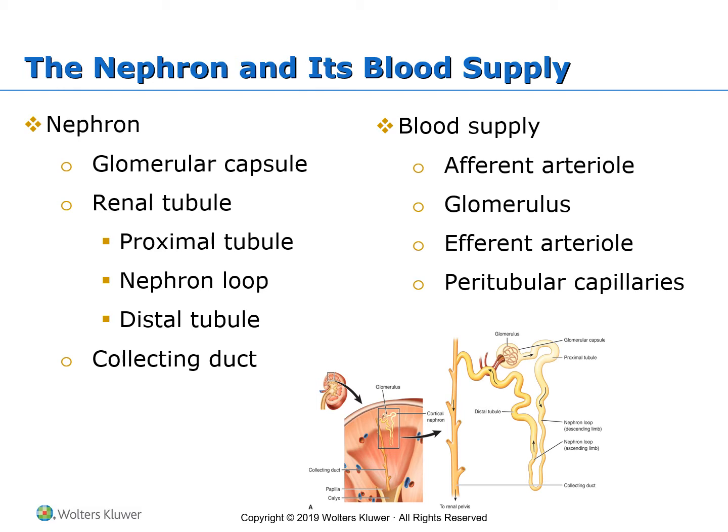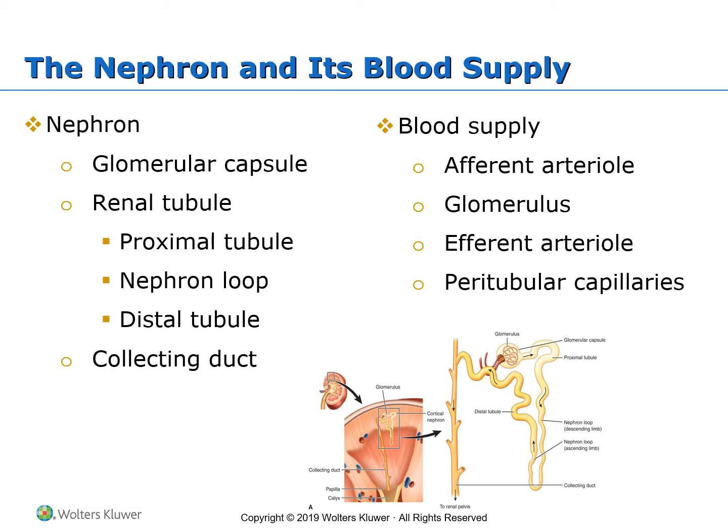In the picture on your screen, you can see that each nephron begins with a hollow, cup-shaped bulb called the glomerular capsule, or Bowman capsule. It has this name because glomerulus in Latin means a ball of yarn, and it provides a filtration device for the kidney.